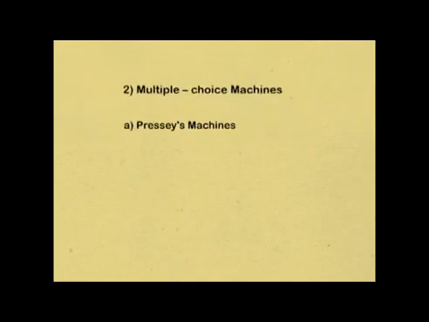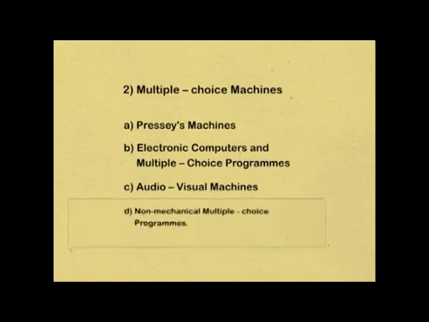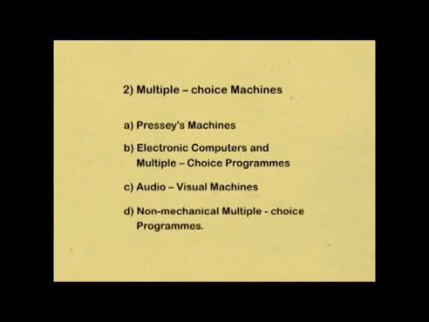The second category is multiple choice machines, and under this we have A, Pressey machines, B, electronic computers and multiple choice programs, C, audio-visual machines, and D, non-mechanical multiple choice programs.